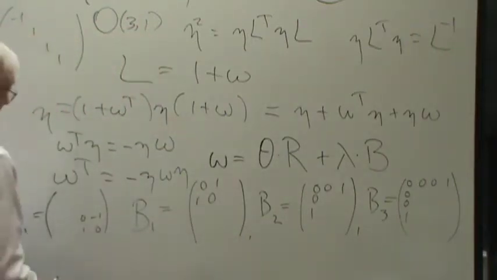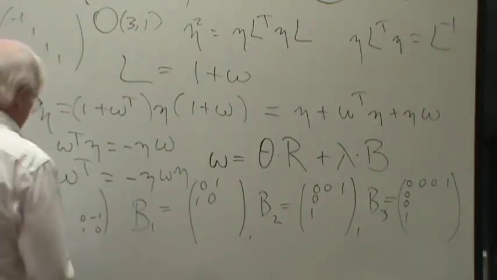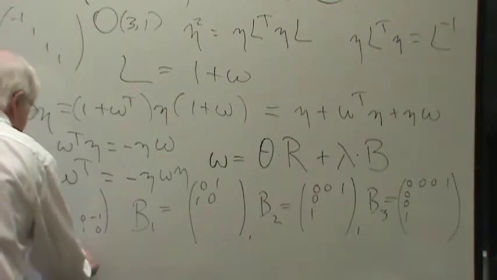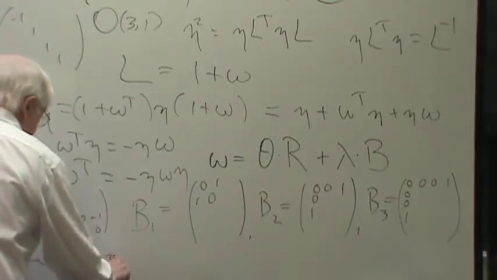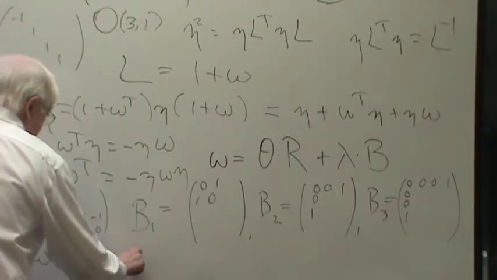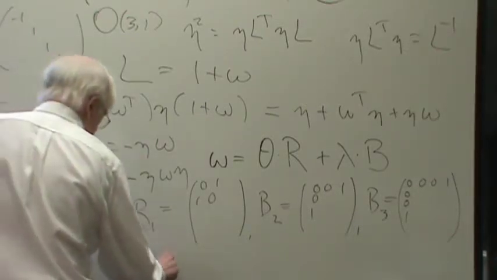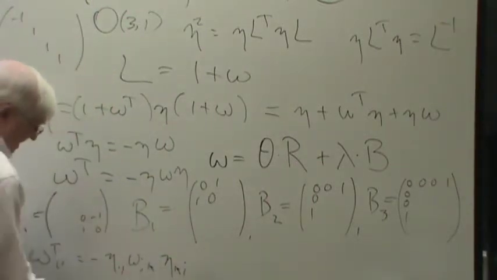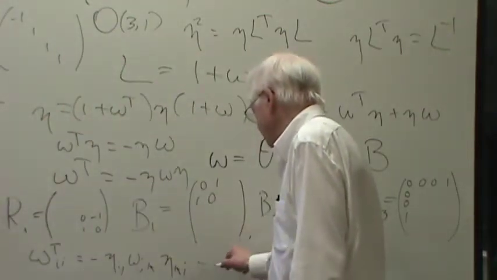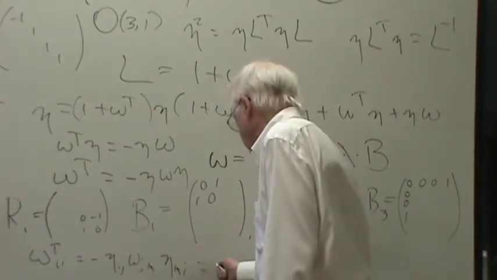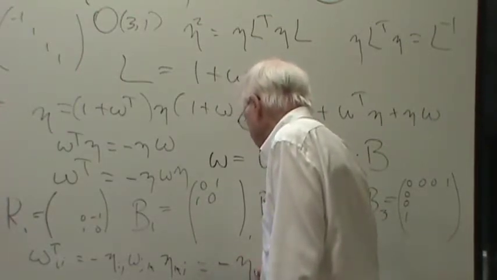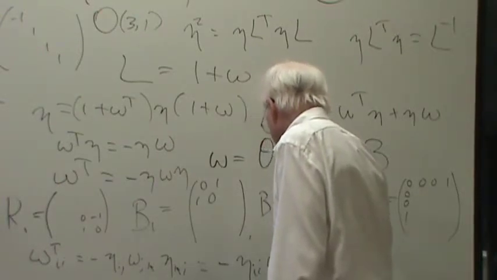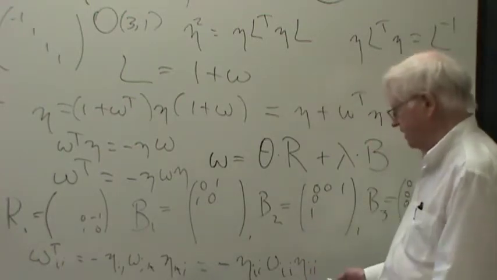Okay, so all right, that would be like this. Omega transpose I is minus eta I j omega j k omega k I. But on the other hand, this thing is diagonal, so this is minus eta I omega I eta I. And this thing squared is 1, yes.